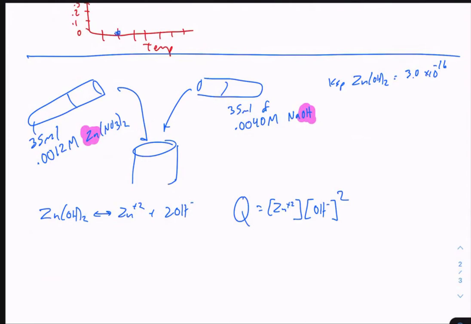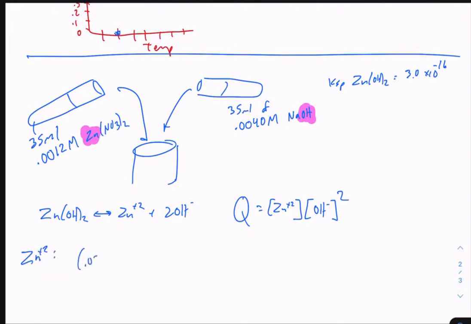Yeah, DJ? You can find the number of moles by multiplying the milliliters with the concentration. Yeah. And then from there, find the actual initial concentration. Okay. So let's do zinc first. Here's what we know.